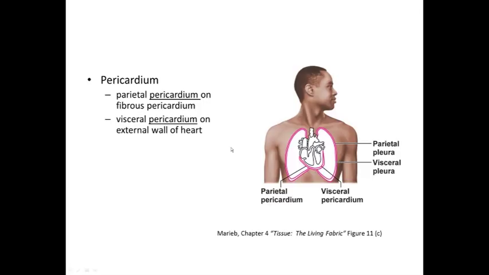So our parietal pericardium, peri meaning around or upon, and cardium being cardiac or the heart. So around the heart we have a parietal layer. Now it sits on our fibrous pericardium, and deeper, touching the heart, we have a visceral pericardium. We'll have a look at that in a bit more detail.